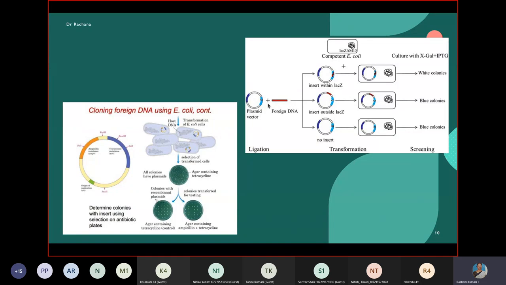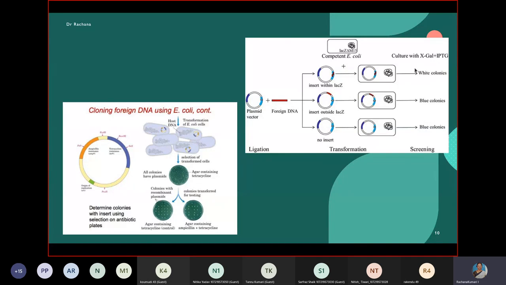Because of the presence of a normal copy of the gene for lacZ, it will give us blue colored colonies. But if the foreign DNA is inserted, because it is inactivating the function of the lacZ gene, the colored complex is not obtained.